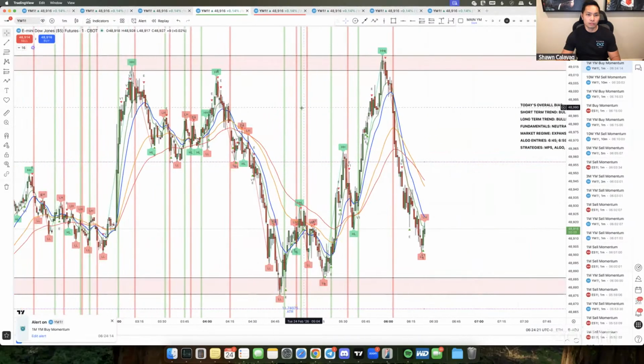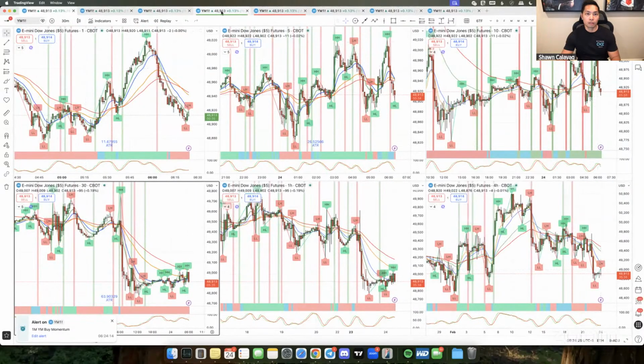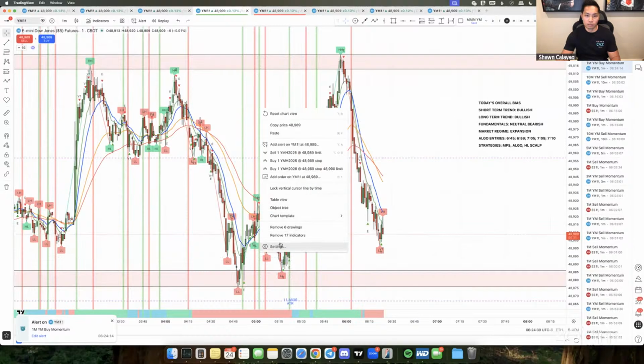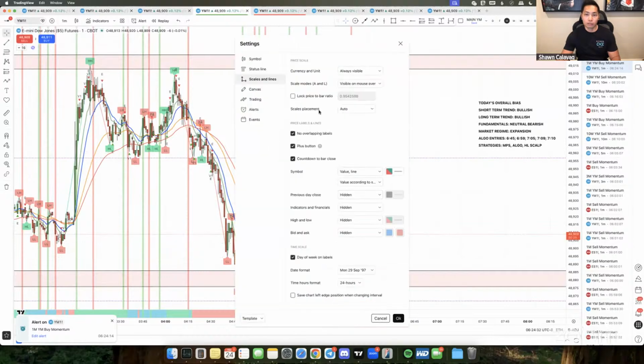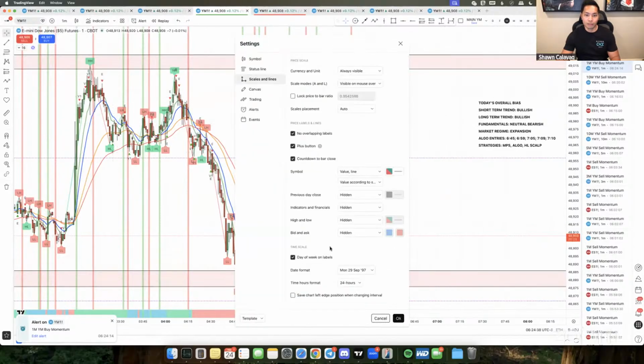So weird. I don't know what's up with my settings. For some reason, my settings are a little off. Or TradingView probably updated stuff and didn't say anything. It doesn't have the watermark in the back.